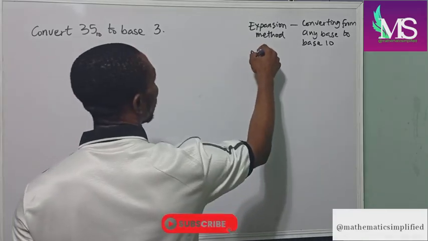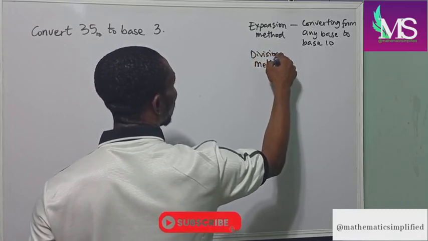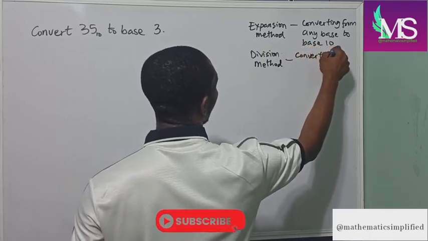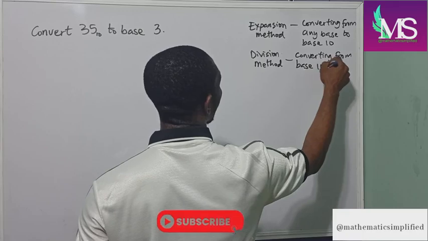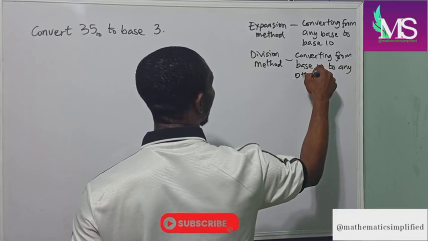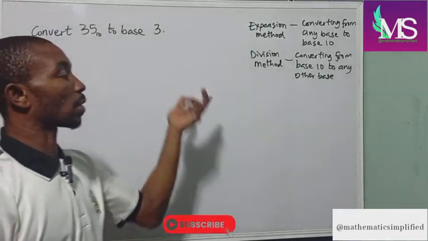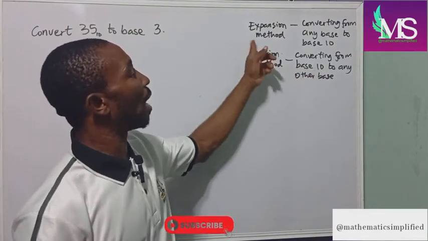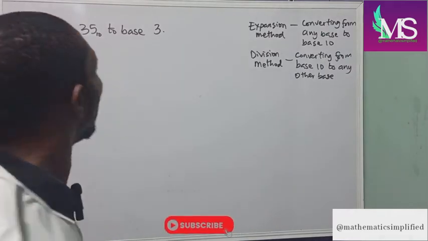Okay, while division method is used for converting from base 10 to any other base. Now it's like a reverse of the expansion method. So we use the division method for converting from base 10 to any other base, and the expansion method for converting from any base to base 10.